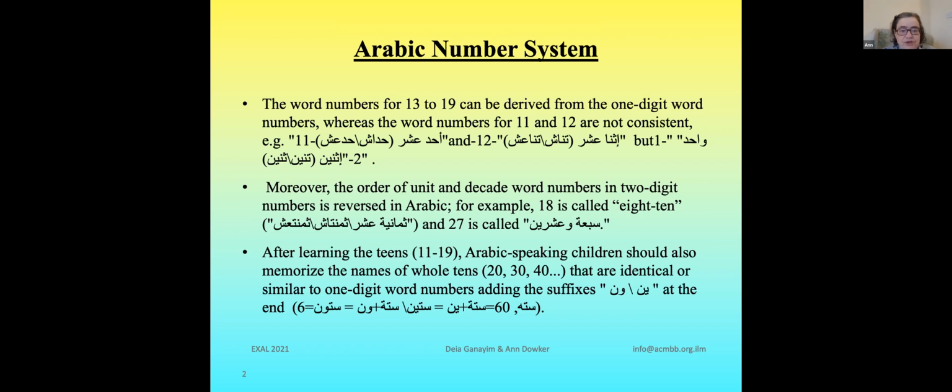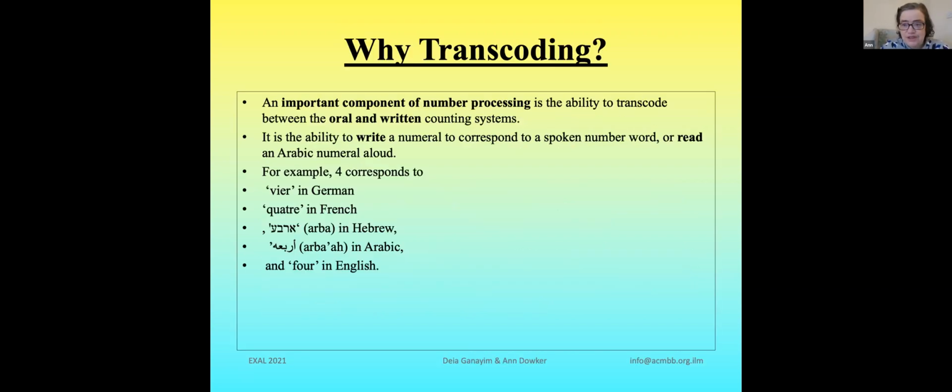And after learning the teens, Arabic-speaking children also need to memorize the names of whole ten numbers that are identical or similar to one-digit number words, adding suffixes to indicate that it's a decade at the end, as with English sixty, eighty, etc. So the Arabic equivalent. Next slide, please.